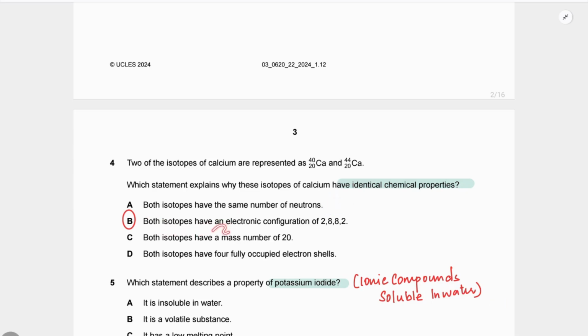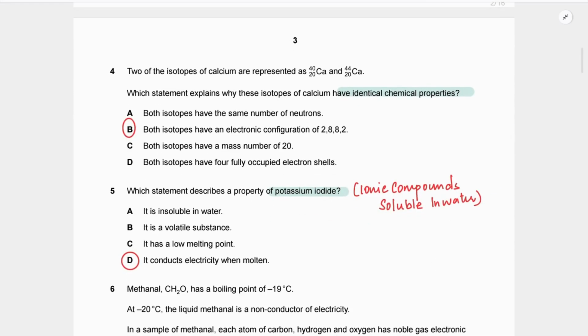Both isotopes have an electronic configuration of 2,8,8,2, which we can see here, 20 and 20. Both isotopes have a mass number of 20, which is incorrect again. Both isotopes have 4 fully occupied electron shells, which is again incorrect because we have 2 in the outermost shell. It's not fully occupied. So the correct answer is B.